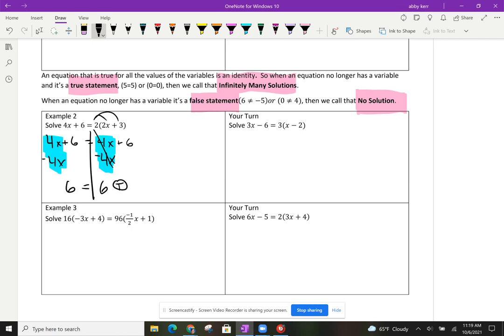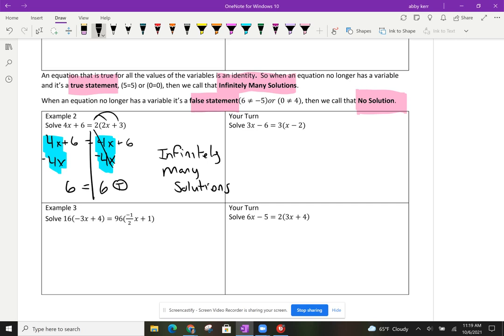If you have the same number on both sides, you know you're going to get a true statement. And the answer will be infinitely many solutions. So you can try your turn.